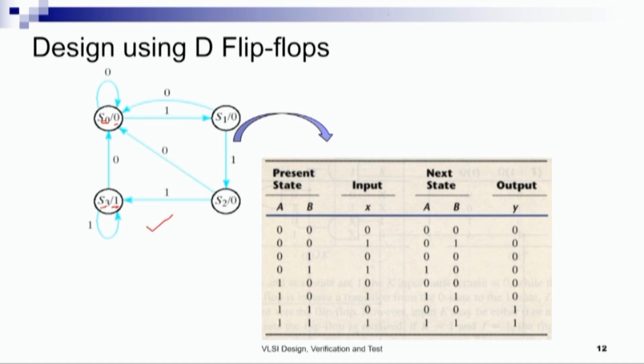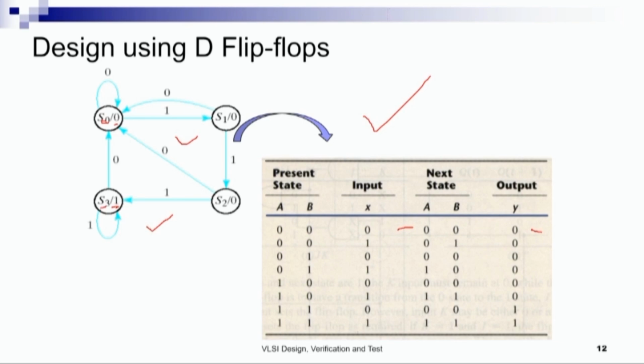Right, and here is the state table corresponding to the state diagram here, and when the present state AB is 0, 0, that is we are at S0, and the input is 0, we remain at 0, 0, that is in S0, and the output produced again is 0.